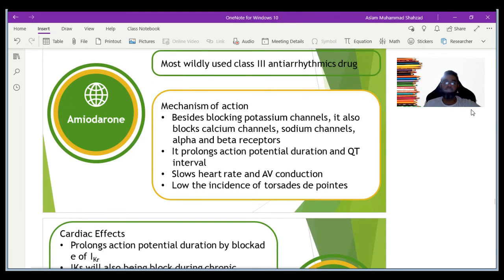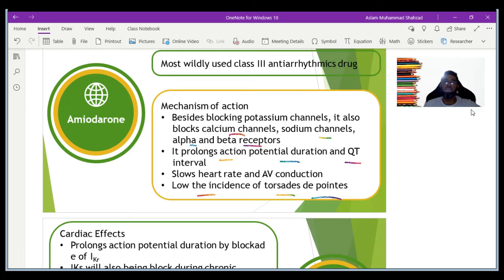It also blocks the calcium channels, sodium channels, and alpha and beta receptors. But the problem is that it also prolongs the action potential, and especially the QT interval. So obviously if the QT interval is prolonged, it could cause torsades de pointes, but the incidence of torsades de pointes is low in the case of amiodarone.